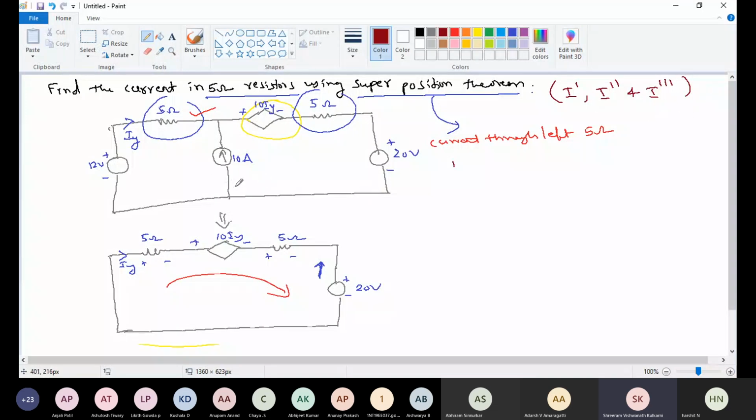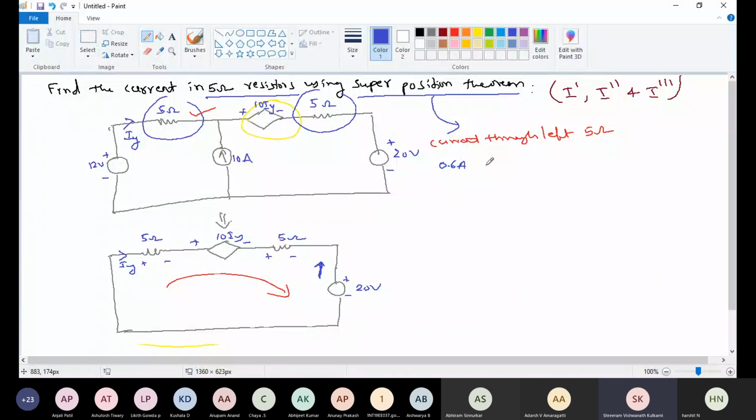Okay, now tell me. Current through left 5 ohm. Due to 12 volt, I got as 0.6 ampere.